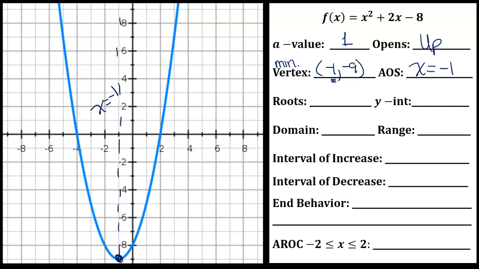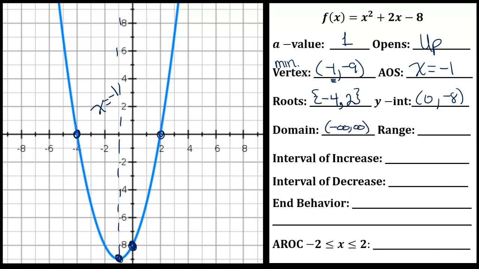And again, you can see that the x part of your vertex is your AOS and vice versa. Make that connection. Our roots, again, I want to list least to greatest, going left to right. We have -4 and 2. The y-intercept is going to be (0, -8), and I'm always going to write my y-intercept as an ordered pair. The domain is all real numbers.